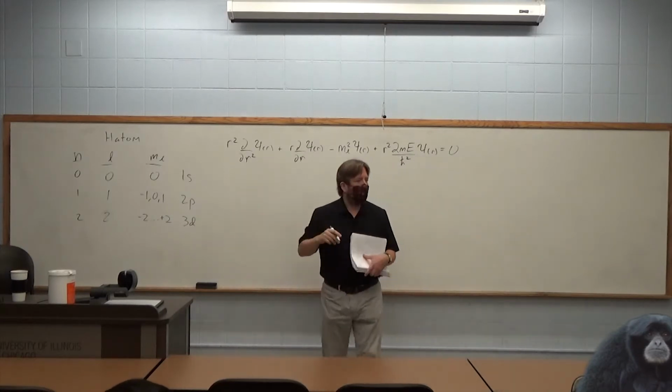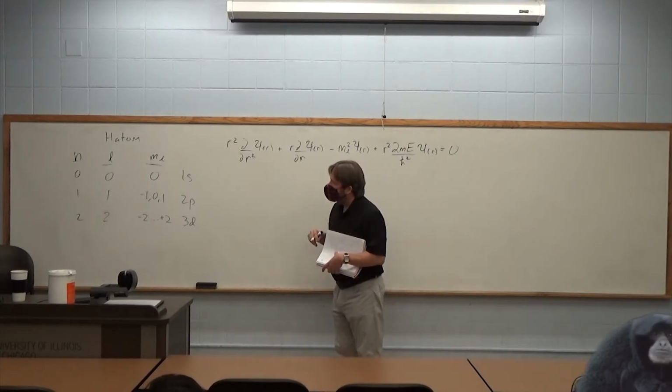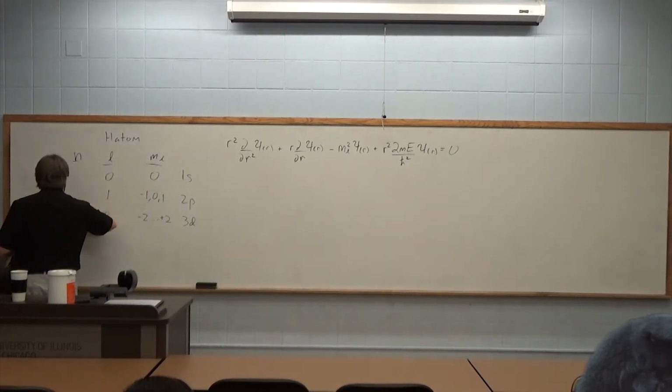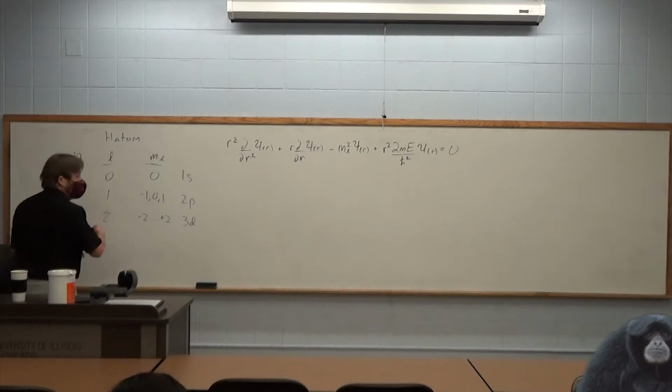Question. As a number, isn't n a natural number like 1, 2, and 3? Like L is n-1? Oh, right. I was just copying L. For n of 1, L is 0. Yeah, thanks for pointing that out. Right, row 1, 2, 3. There's no row 0.